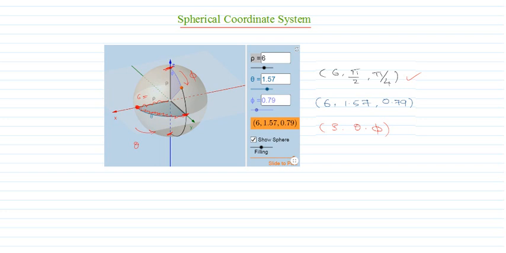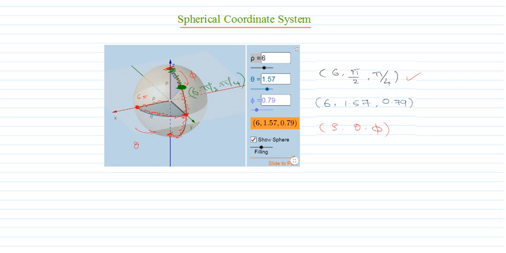Now, in order to mark this phi, phi is pi by 4, so we are marking here pi by 4 from here to here. So this is the value, and this is the point. This is the point 6 comma pi by 2 comma pi by 4. So this is a point which is 6 comma pi by 2 comma pi by 4.